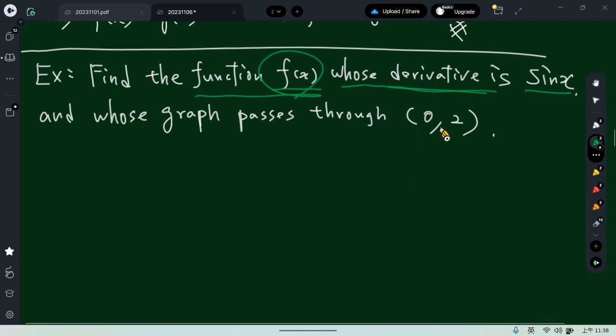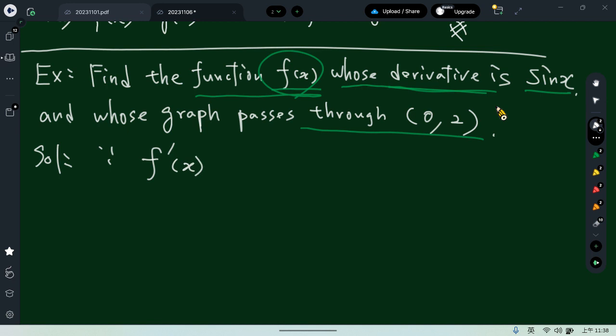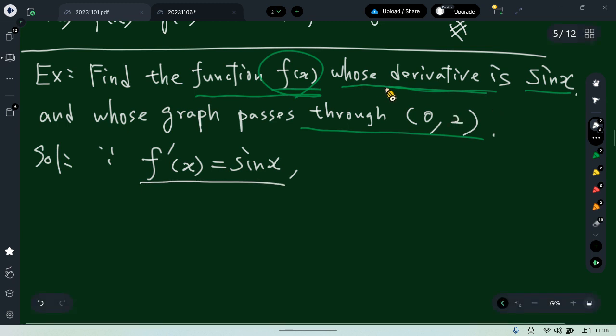I just want to ask you to give me the f of x, but I show you some clues: that its derivative is sine x, and it also passes through 0 and 2. So what is this? Based on the condition, the problem gives us that f prime x is sine x, right?